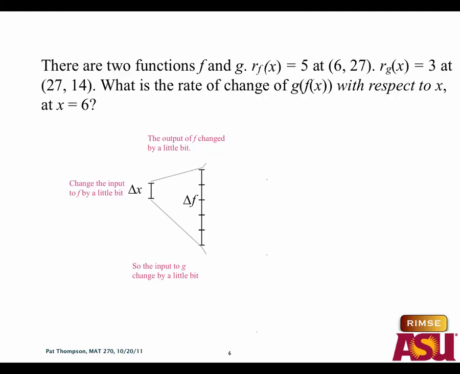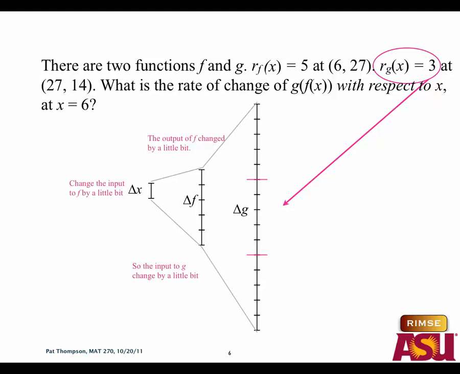How many times as much? 3 times as much as that one. Do you see it? So g is going to change 3 times as much with respect to its input. Well, in g of f of x, its input is f. So we got that change in f, and so now g is going to change 3 times as much as that.